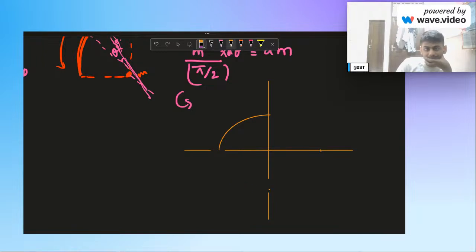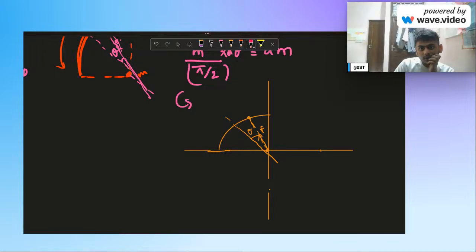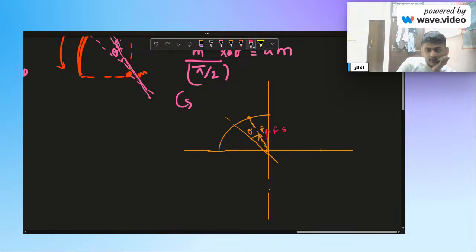Now we know that every mass dm, if this is theta, will be having a force like this, F, and this F can be again divided into two smaller components, which will be F sine theta, and one will be F cos theta.